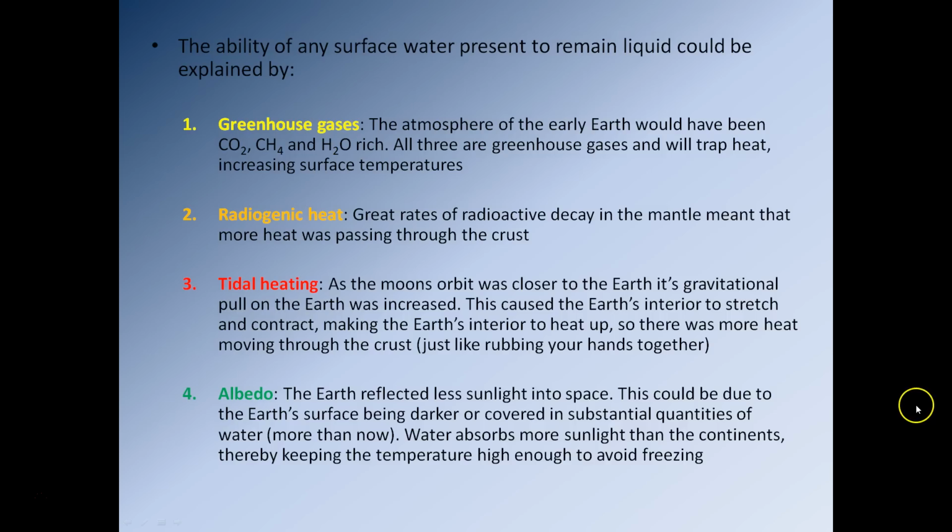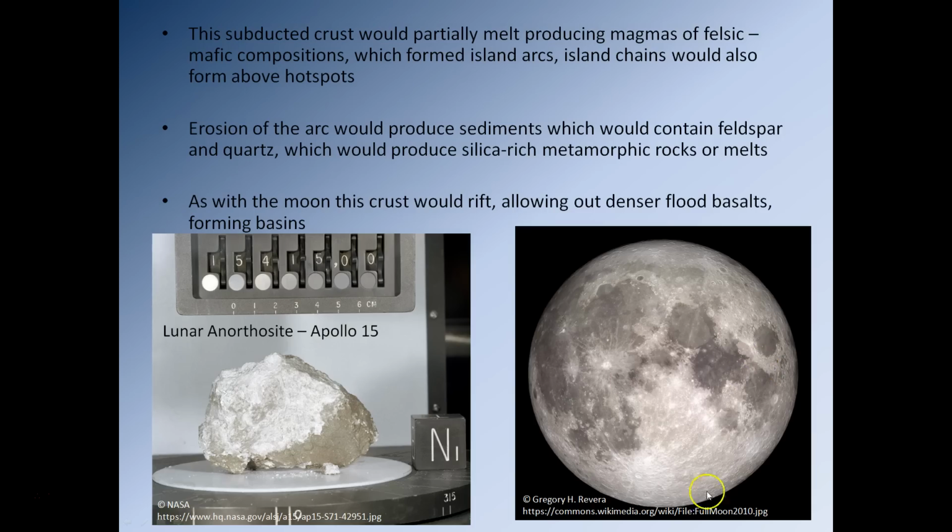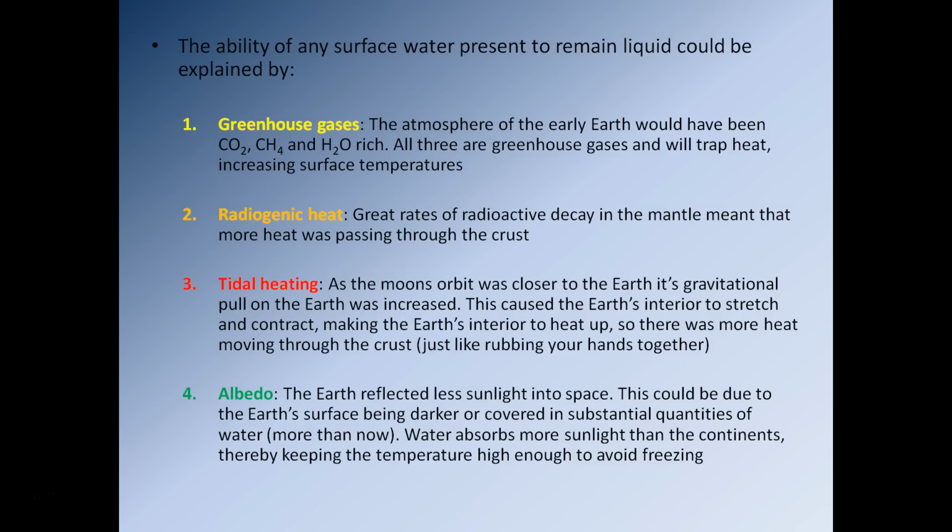So the first question is, what could possibly have been dark enough to retain large quantities of solar radiation? Well, we've already discussed the Earth's early surface would more than likely have been rather light in colour. So that's not very helpful. That's actually going to be reflecting light back into space. But there is something that would essentially cause the Earth's surface to be considerably darker, and that would be water.